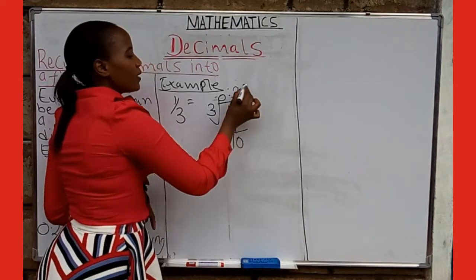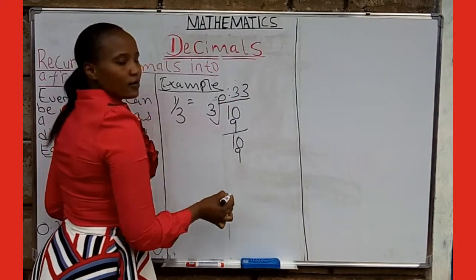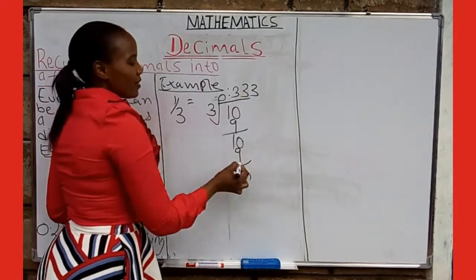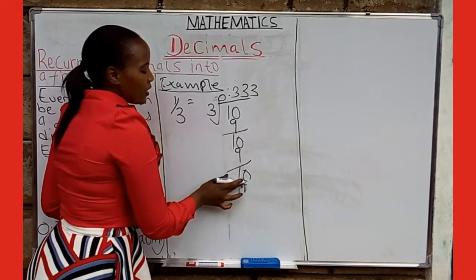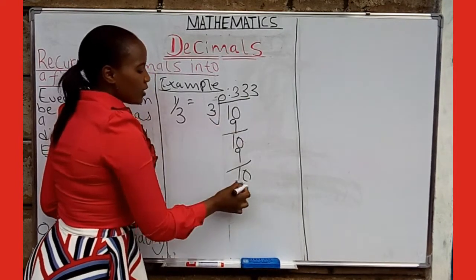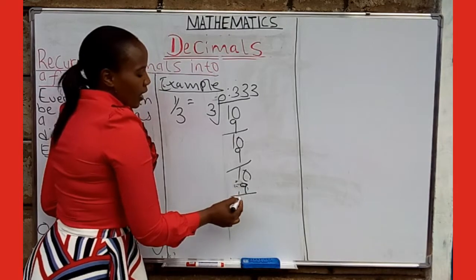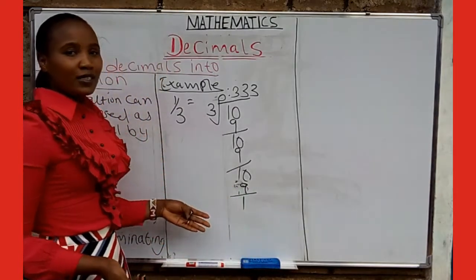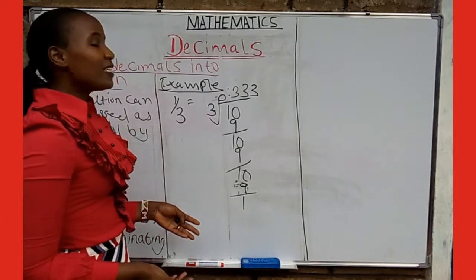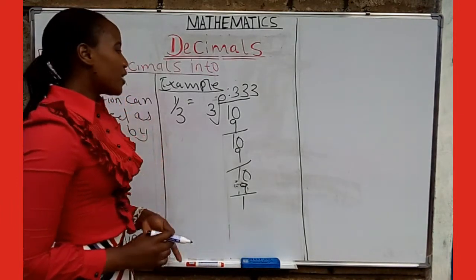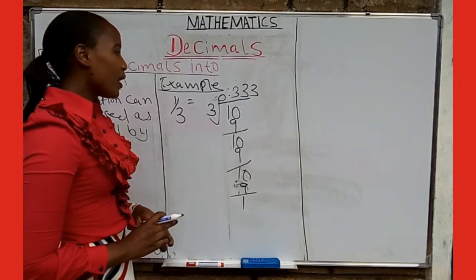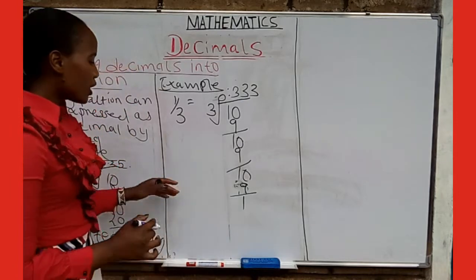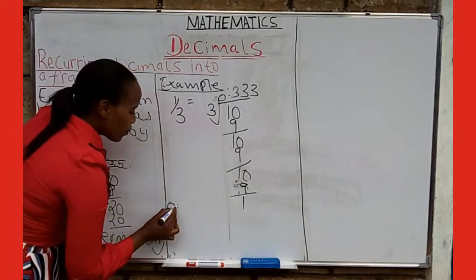We put 0 again, 3 times 3 is 9, 10 minus 9 is 1. We put 0 there again, 3 times 3 is 9, and when you subtract, it's 1. And actually, if you look at the division process, it is endless.